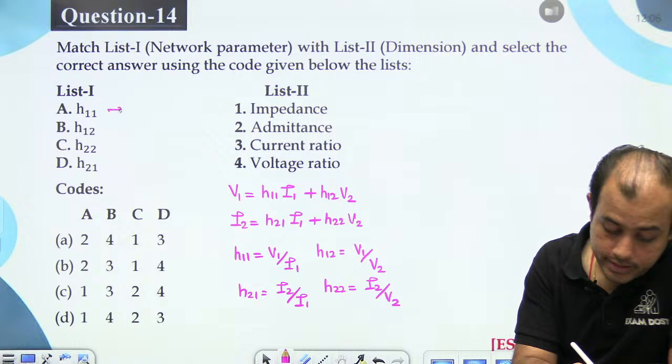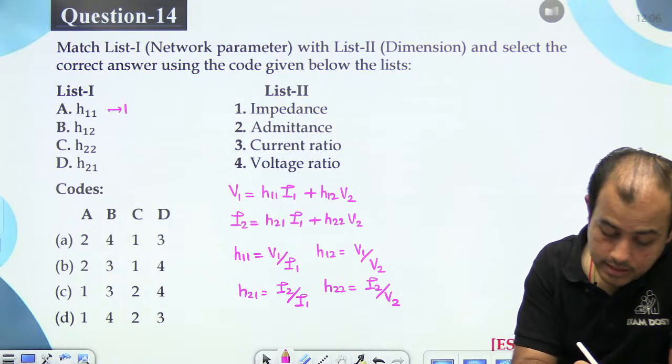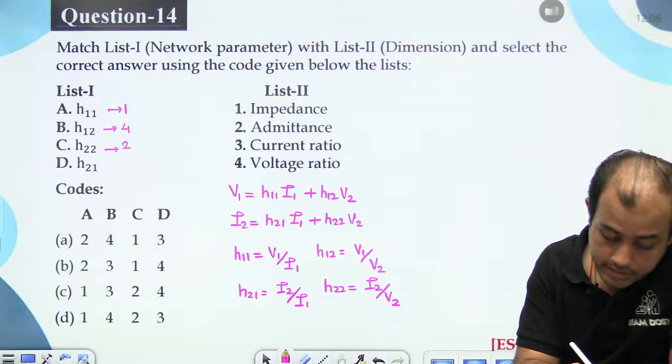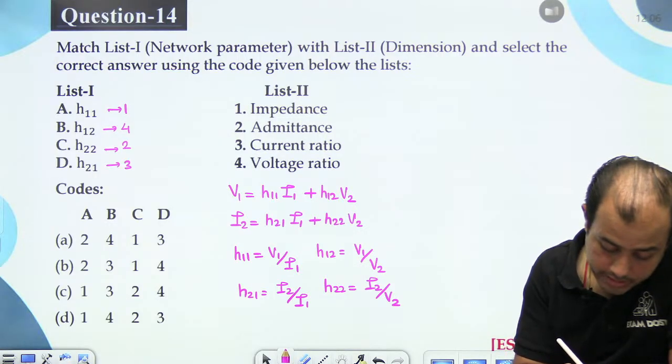So H11 is impedance, H12 is the voltage ratio, H22 is the admittance, H21 is the current ratio. 1423.